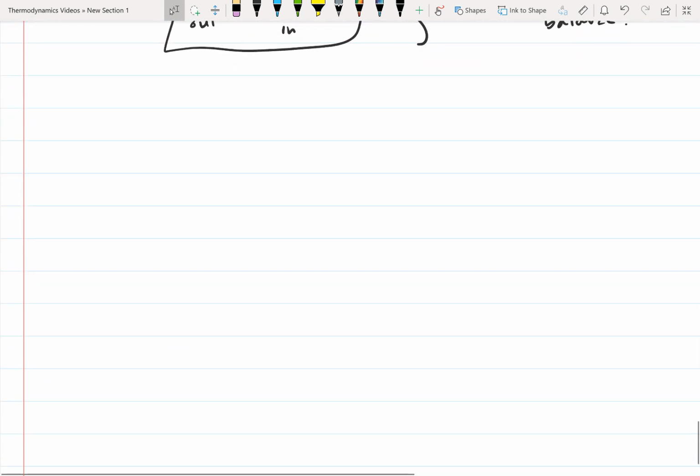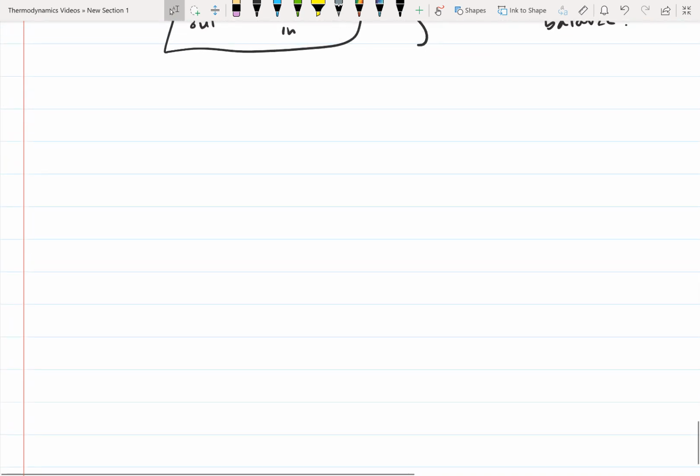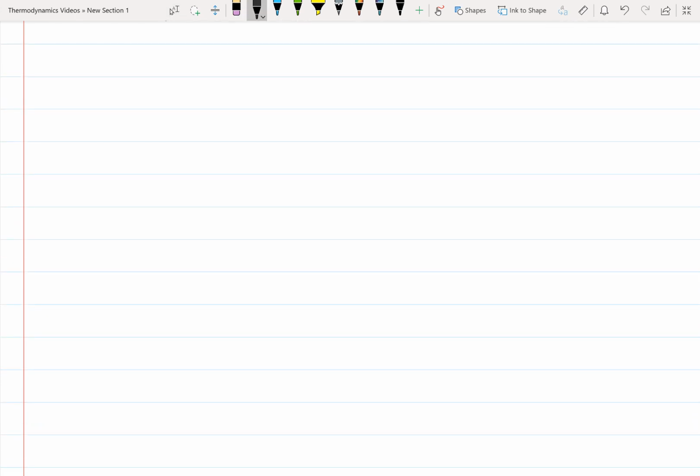Alright, so we've derived a lot of equations, so I just want to summarize all of the equations that we've looked at. First of all, we derived the general conservation of mass, and this is just the really general conservation equation.